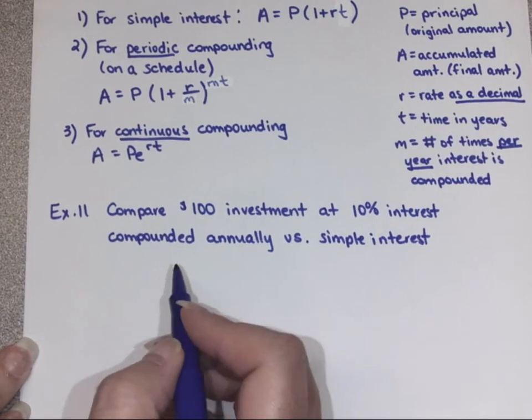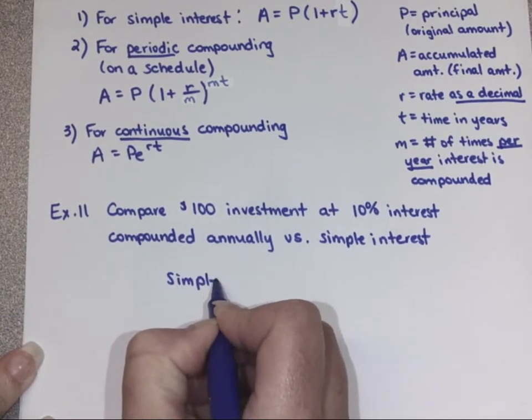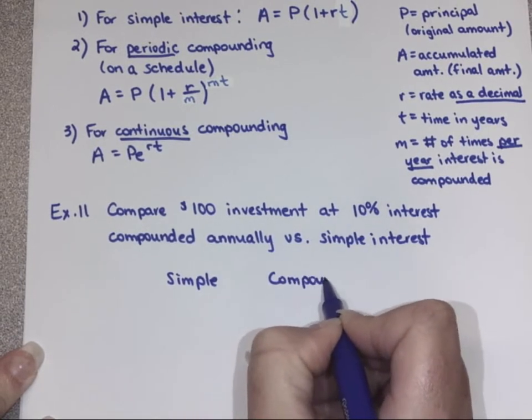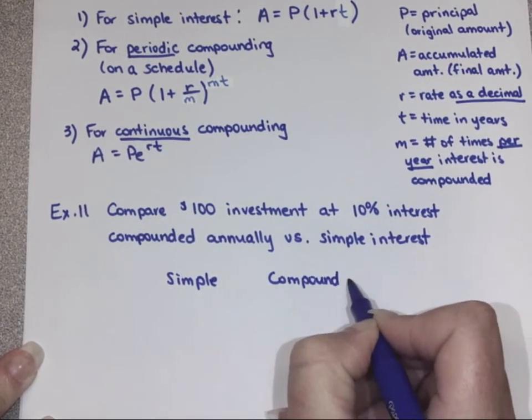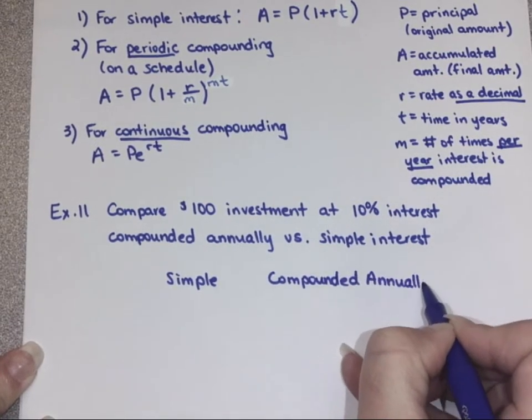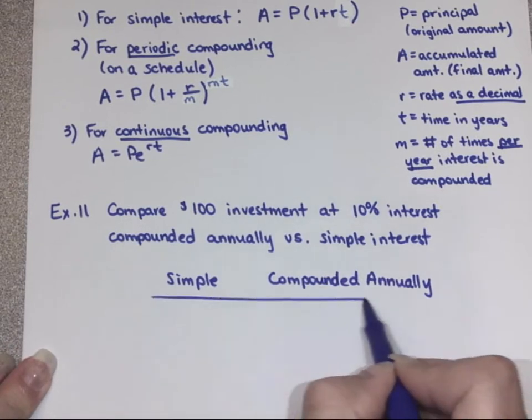Okay, so we're going to come up with a table, and so in the first column, let's do the simple interest calculations. In the second one, let's do compound interest. I chose annually because it's the easiest one to figure out.